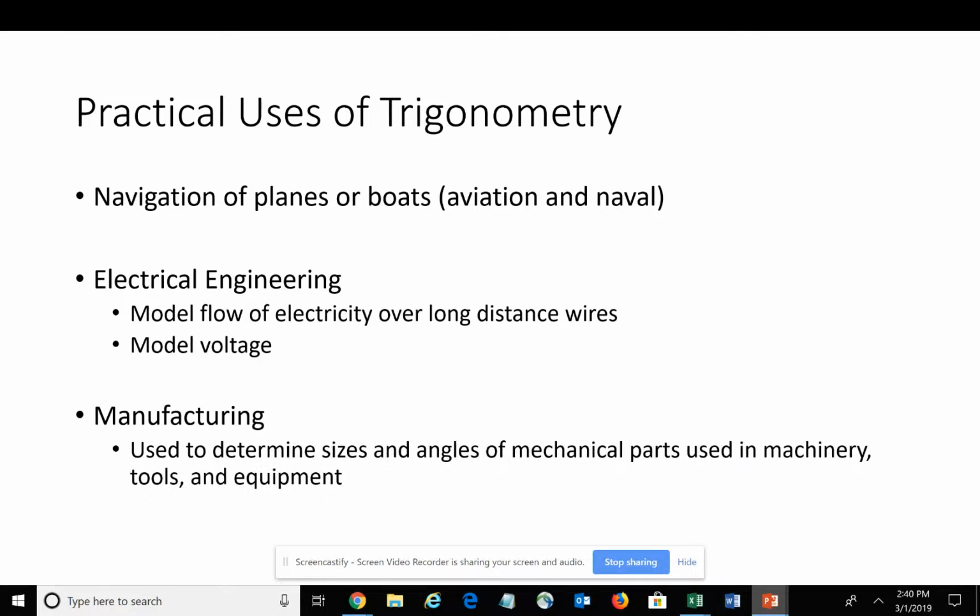Also, with manufacturing, mechanical engineers use trigonometry to determine the sizes and the angles at which mechanical parts fit together. Whether you're making a pair of scissors or a car or whatever, trigonometry is used to help determine the angles and sizes in those different tools and equipment.